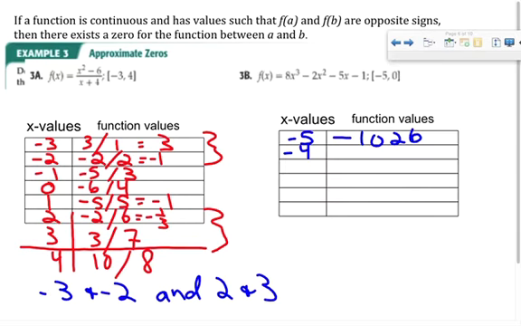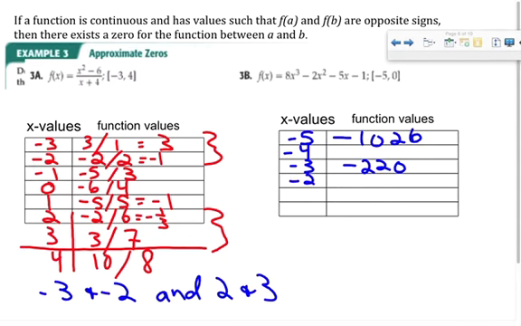So maybe instead of plugging in negative 4, maybe I plug in negative 3. So again, using my calculator, I've got negative 216 minus 18 plus 15 minus 1. And I'm still pretty massively negative.